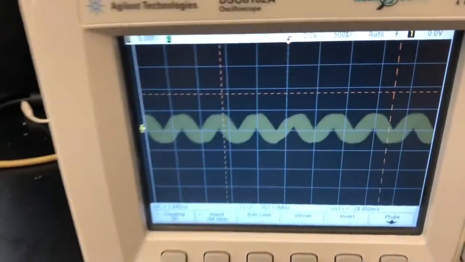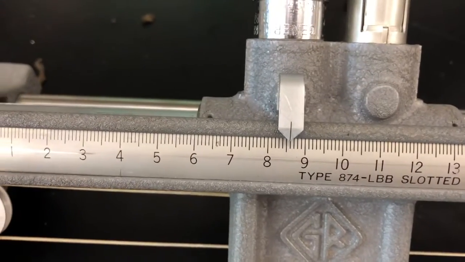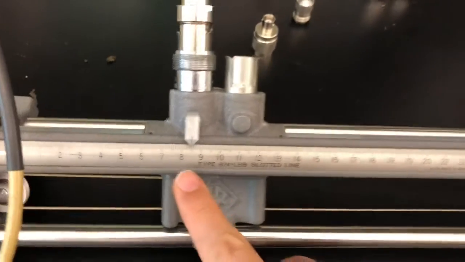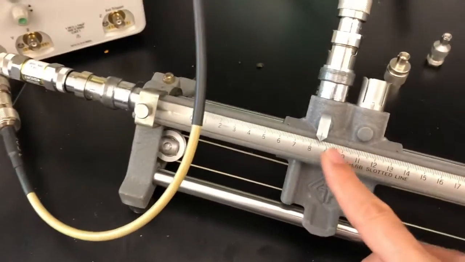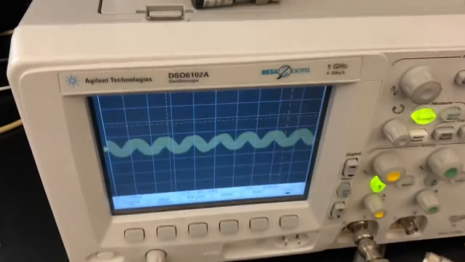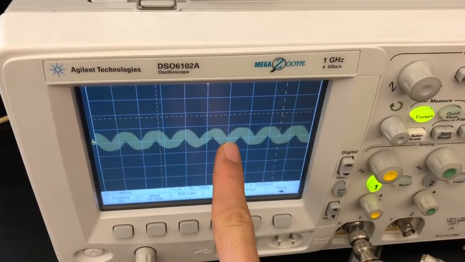How did I get a minimum? I just turned this knob, and it's at 8.5 almost. Now I am going to turn this knob such that first I see a max here, and then again I see a minimum.